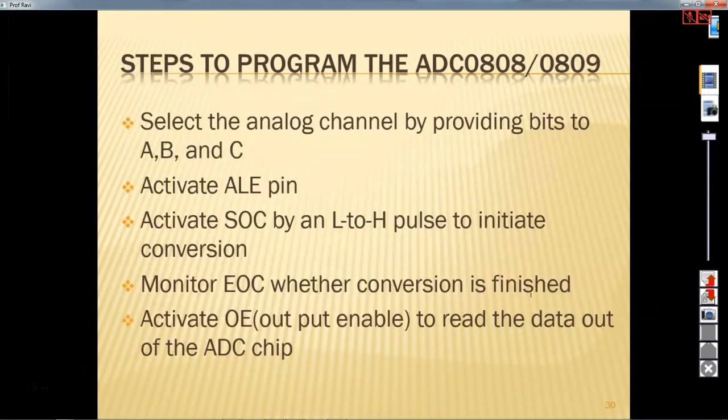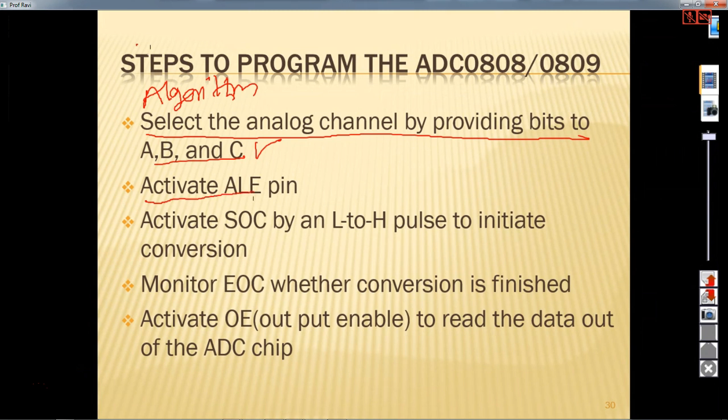Now if you put together the things we discussed up to now, you can write an algorithm. This is the algorithm, the steps you need to follow. Select the analog channel by providing bits to ABC. That means you have to know where your analog sensor is connected.